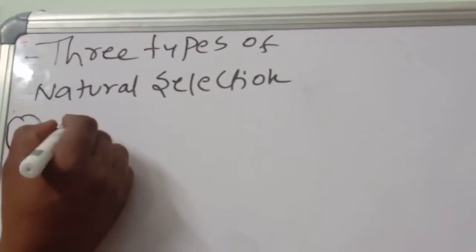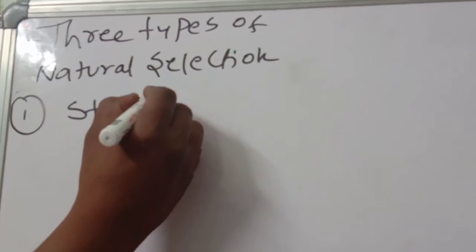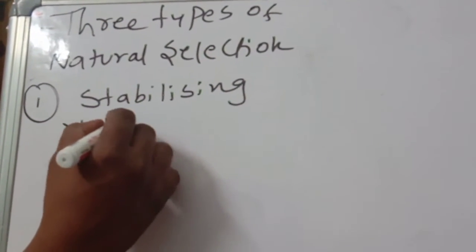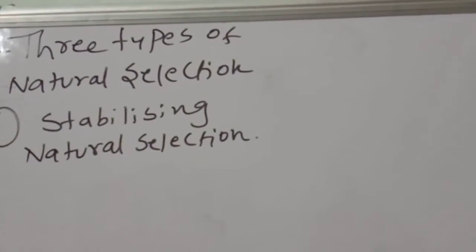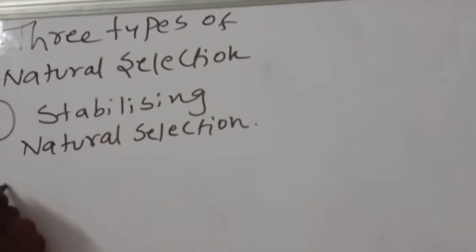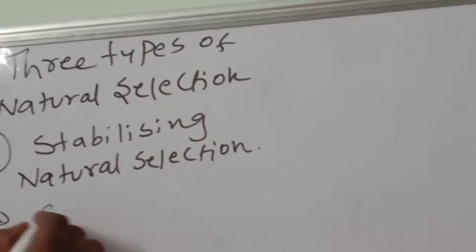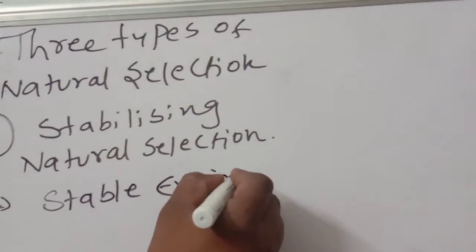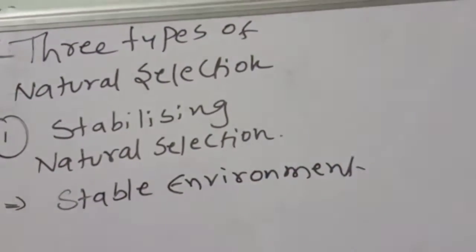The first one is stabilizing natural selection. Children, observe very carefully. This type of selection operates in a stable environment. This is the first point.